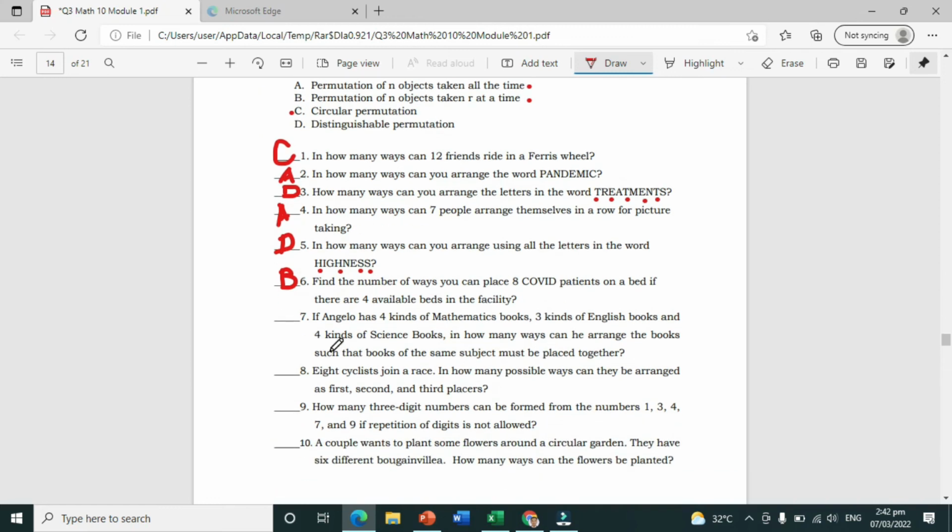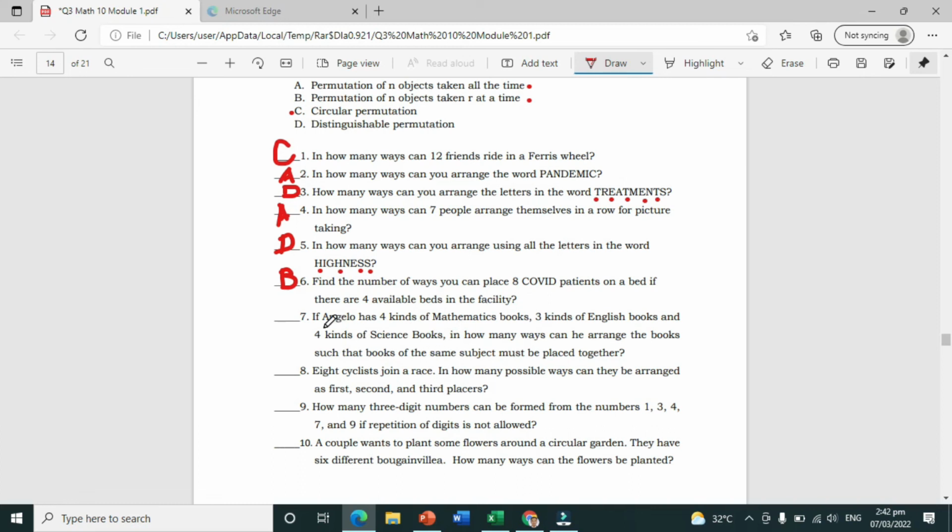Now, number 7. If Angelo has 4 kinds of mathematics books, 3 kinds of English books, and 4 kinds of science books, in how many ways can he arrange the books such that books of the same subject must be placed together? So meron man silang magkakapareho.